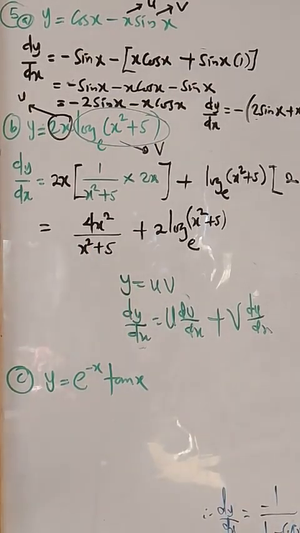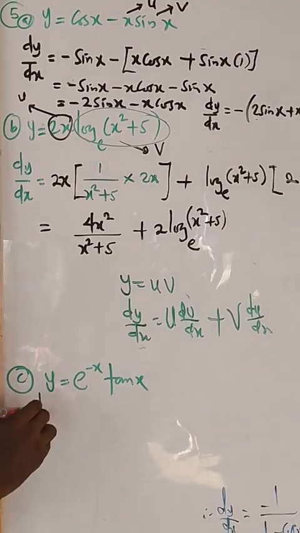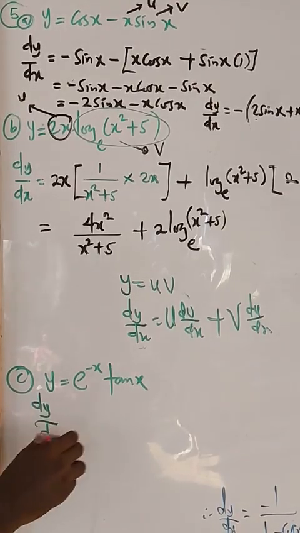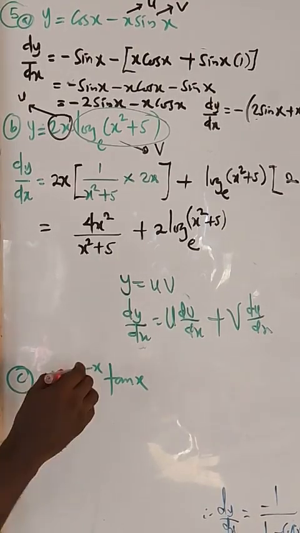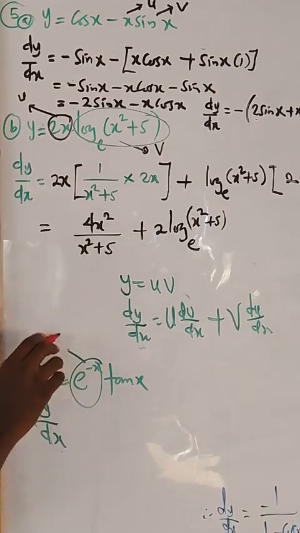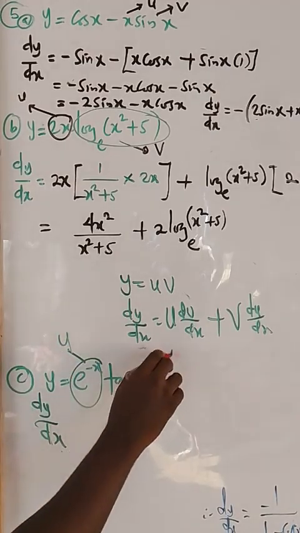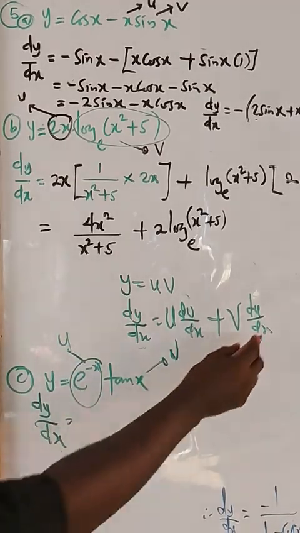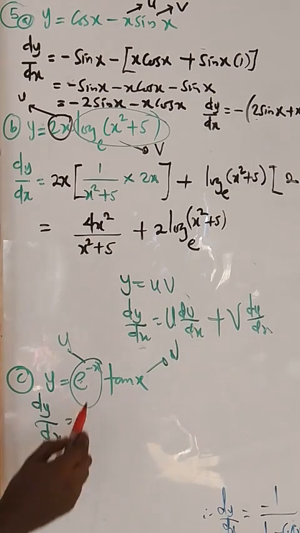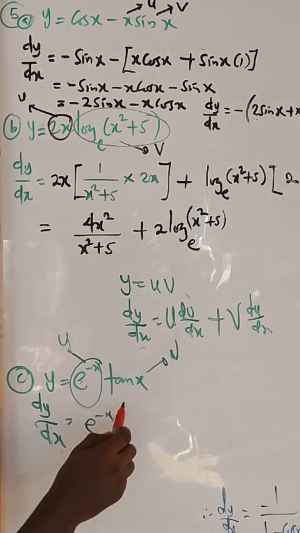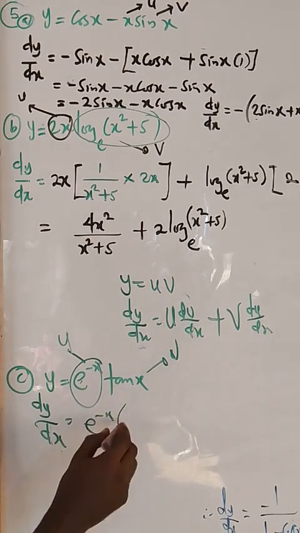Now, question C. We want to get dy/dx. This is also product rule. Let this e to the minus x be u. Let this tan x be v. So apply the same rule here. Leave the first, e raised to minus x. Differentiate the second. If you differentiate tan x, you get sec squared x.